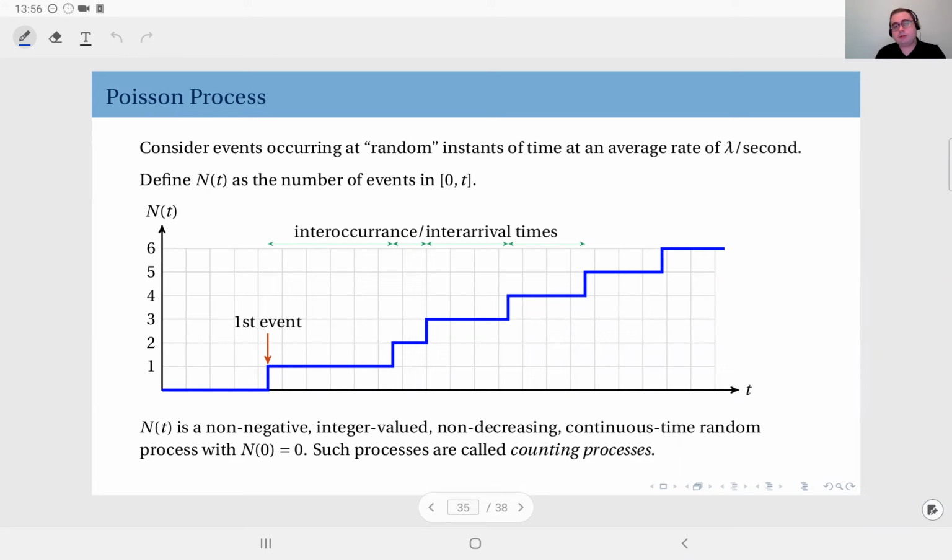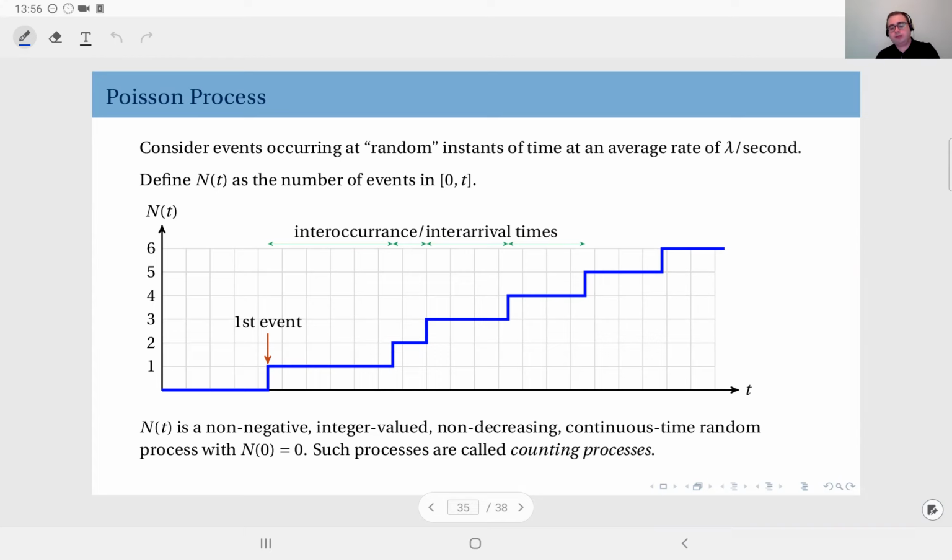Now, we also started with a similar statement when we described the Poisson distribution, but there we had a constant time interval, okay? And the expected value of events in that interval was lambda. It was not a rate of lambda per second, it was just a plain average. But here we have the time component.